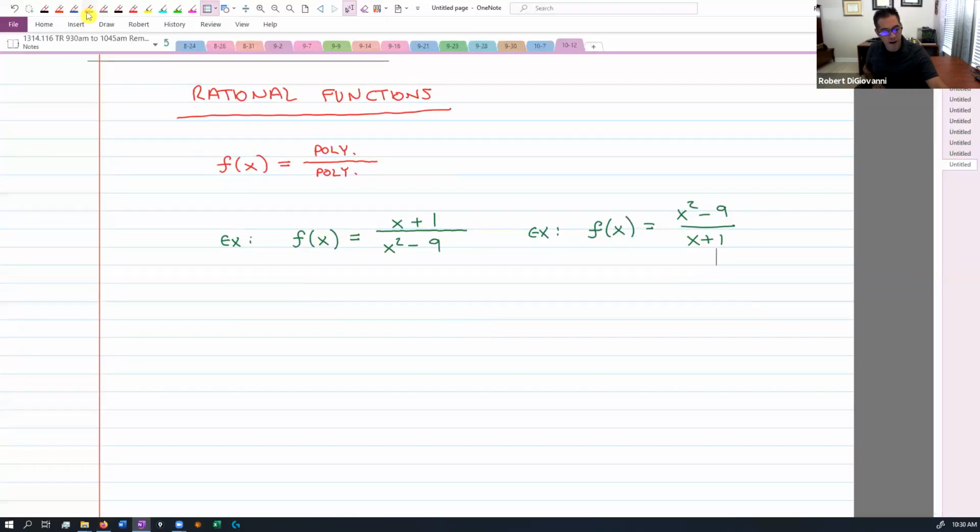Let's do this. As an example, just so you can see, what about x squared minus 25 over x squared minus 7x, sorry.